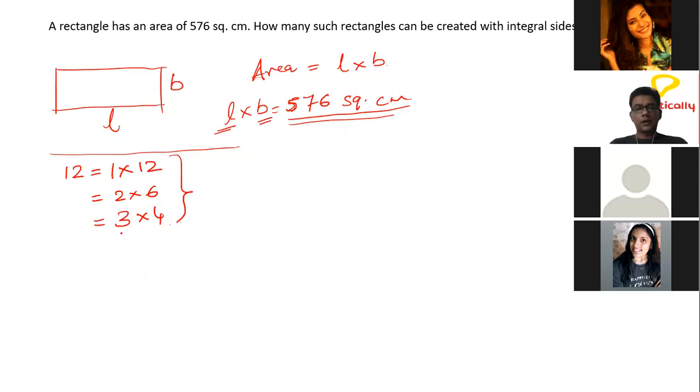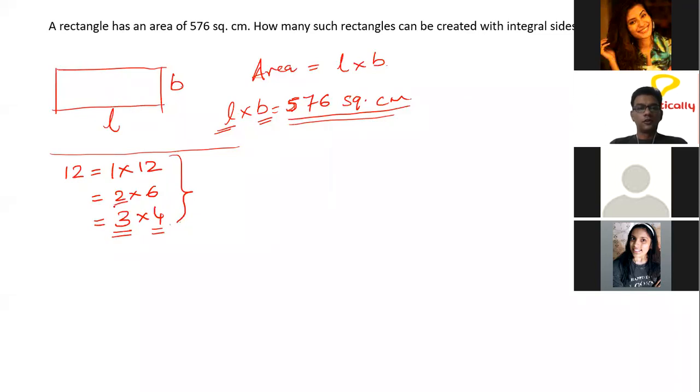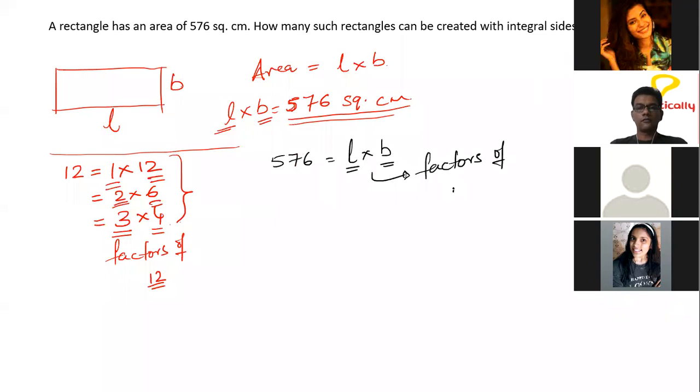But the other part you have to figure out is that all these values 3, 4, 2, 6, 1, 12 are also factors of 12. Which means if I have to find an area of 576 using L into B, I know that L and B now have to be factors of 576.